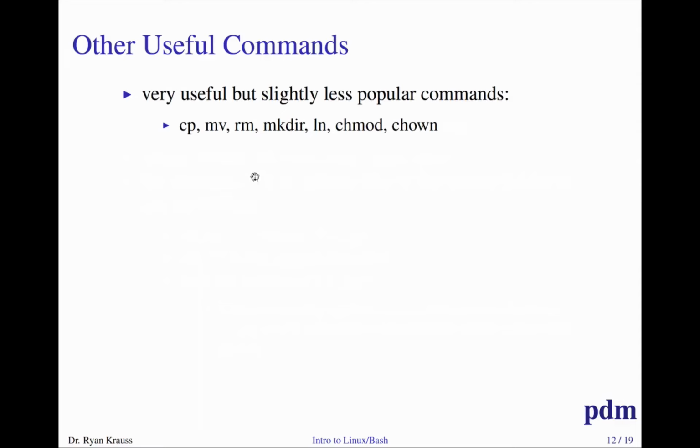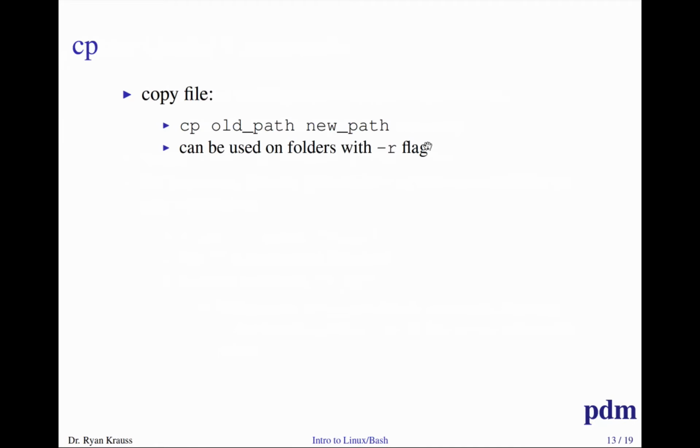So some other commands you might find useful: cp for copy, mv for move, rm for remove, mkdir for making a directory, that is, creating a new folder, ln for symbolic link, and chmod for changing the, what does mod stand for? Basically, you use that to allow a file to be executable, for example, and then you can change the owner of a file or folder as well.